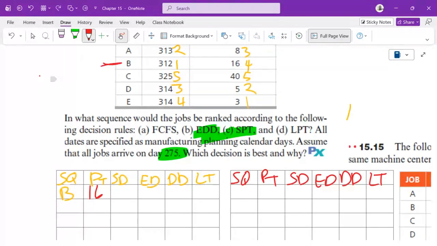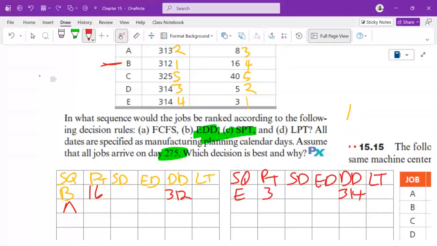So now our due date is 3/12. This side, which one is E? You see the difference now. It's E, and my process time is 3. My due date is 3/14.